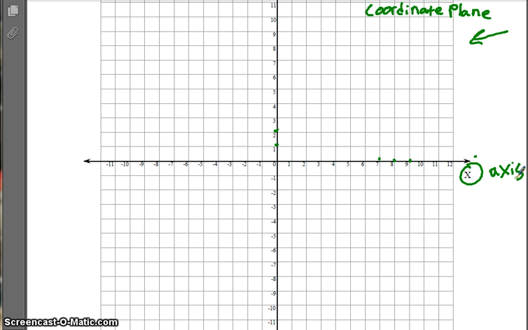Going vertically, we have something called the y-axis, and that identifies a point vertically. So we have a horizontal point here, a vertical point there, and when we put two points together, we create a coordinate.